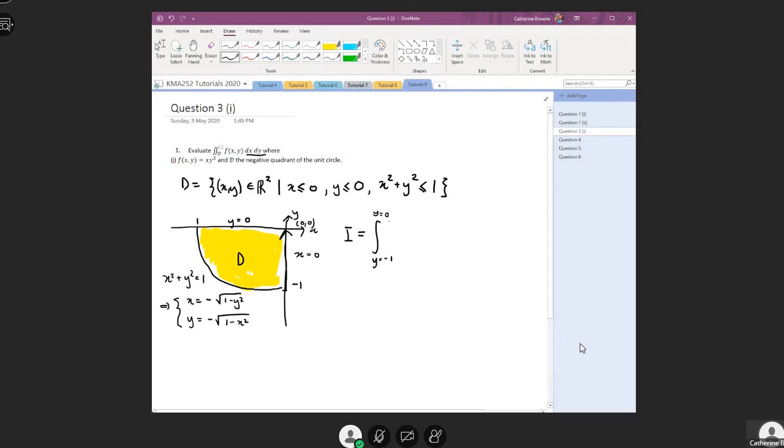And for x, we're going to be integrating from this curved line here, which is x equal to minus the square root of 1 minus y squared, to x equal to 0, which is this line here.